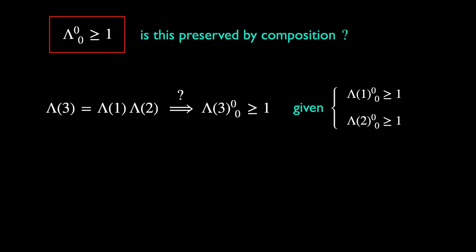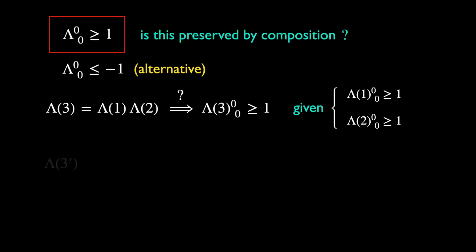The answer is yes. And we can see this by deforming the transformation continuously. This is because from the invariance equation, the only other possibility is for the 0,0 component to be less than or equal to -1, which is disconnected from the other case.